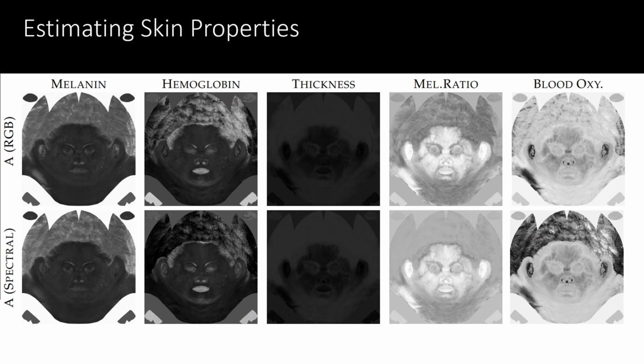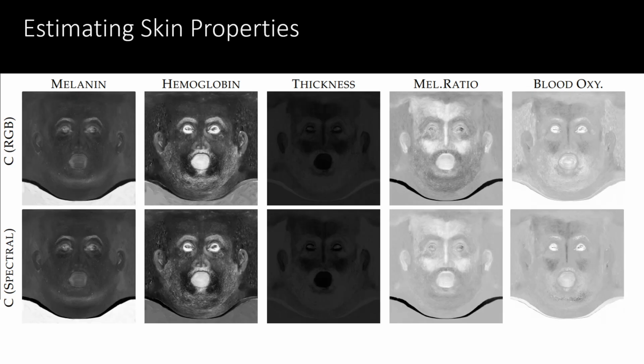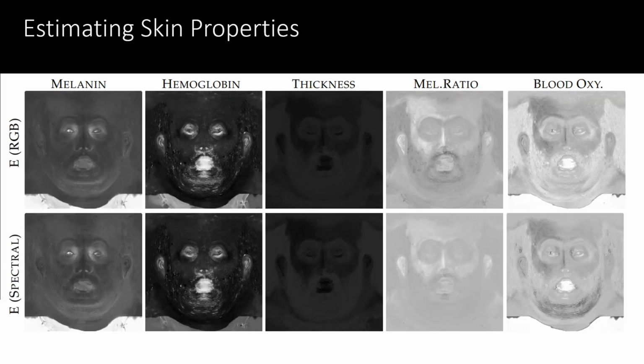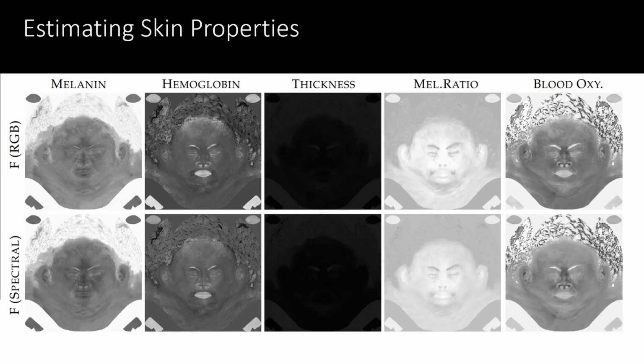And these are the corresponding estimated parameters resulting from the evaluation of the RGB network in the first row and the spectral network on the second row for all the subjects, which are sorted by skin type from light to dark, and we can see the progressive increase in melanin content is coherent with the skin type, and how both spectral and RGB networks stay in similar ranges.